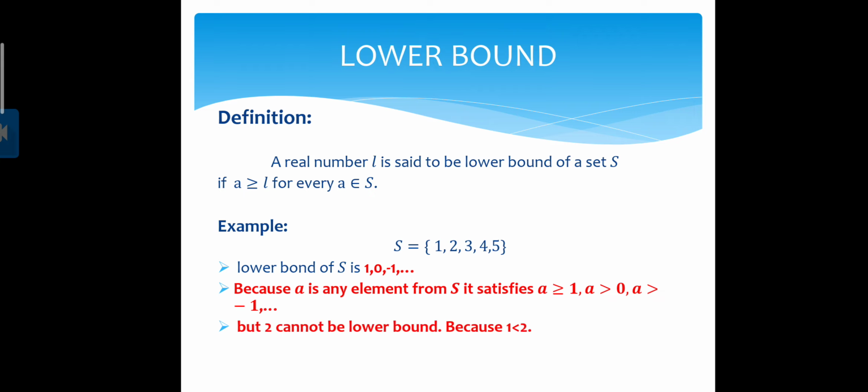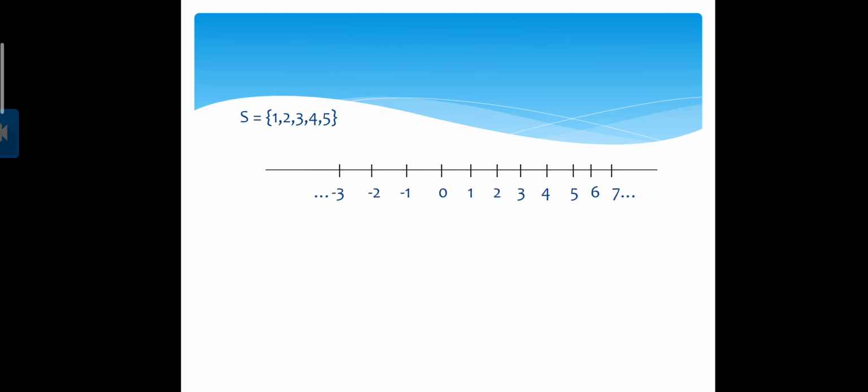And 2 cannot be a lower bound, because if you take 2, 1 is less than 2. It violates the condition, therefore 2 is not a lower bound for this set. From the real number system, you have to find the numbers which are less than or equal to the least element of the given set. So the lower bounds start with 1 and keep on decreasing, going to minus infinity.